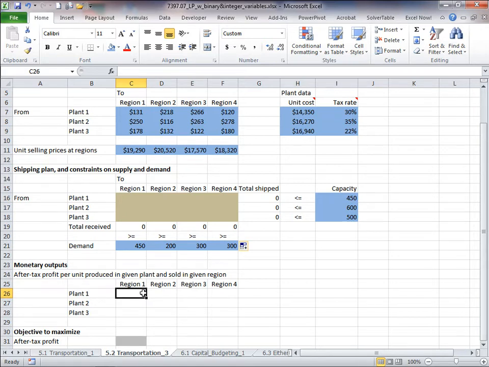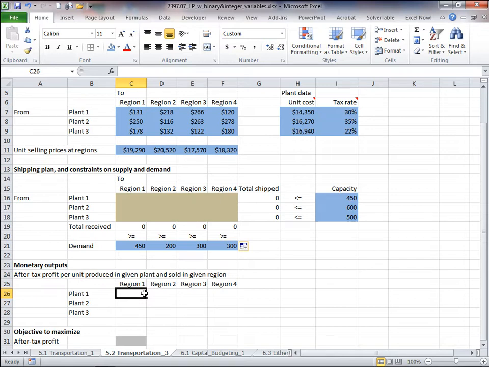But now that we've added the additional information regarding profitability, now we have to do that calculation, right? And remember that the way we're going to do that calculation is as follows. Our profit from plant 1 to region 1 is going to depend on the number shipped times the margin, but we want it to be after tax, right?